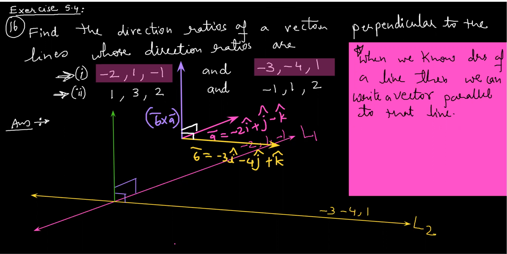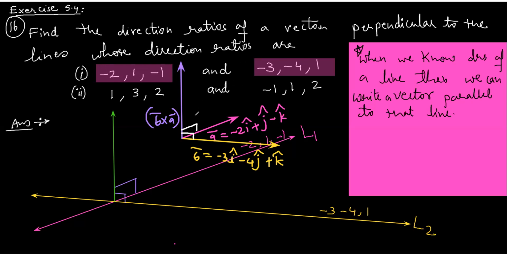Now there is one thing which we could add here in the question. Here I was asked to find the direction ratios of a vector perpendicular to the lines which had DRs as these three numbers and these three numbers. Suppose instead of asking DRs of a vector, they could have asked us to find the DCs of a vector perpendicular to these two lines.